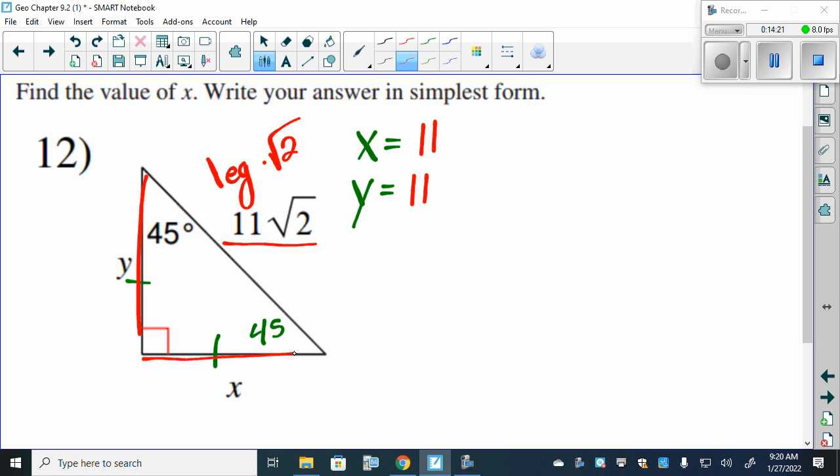They're the same. They're going to be the legs, yes? So it would be 11 and 11. They have to be the same. It works out that it's going to be 11. Questions on this here? We good with this here?